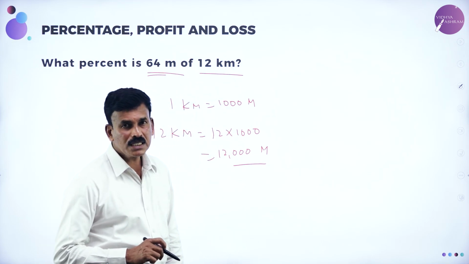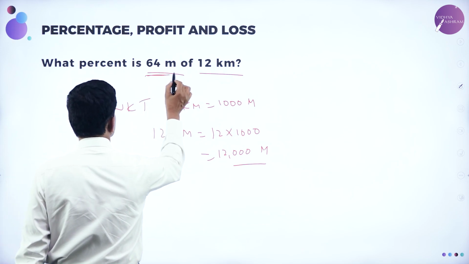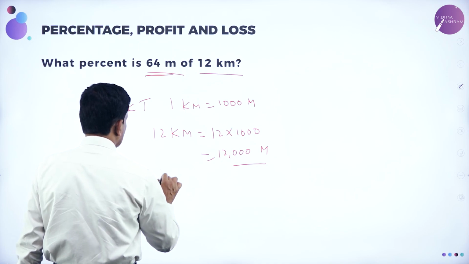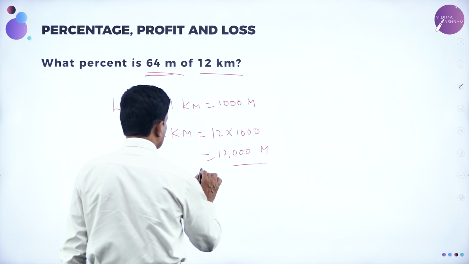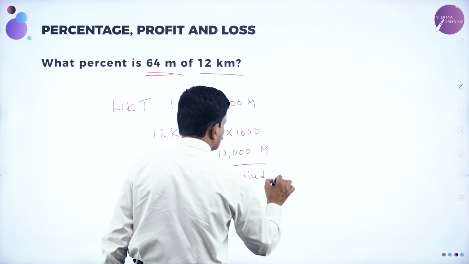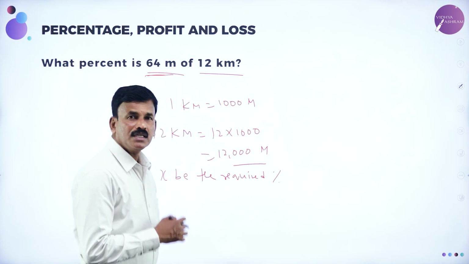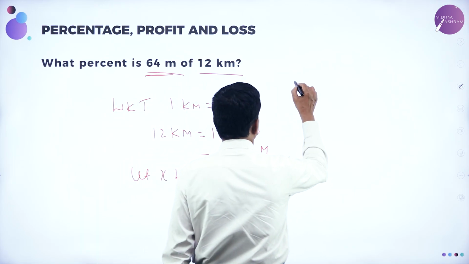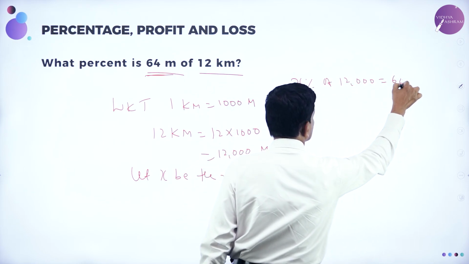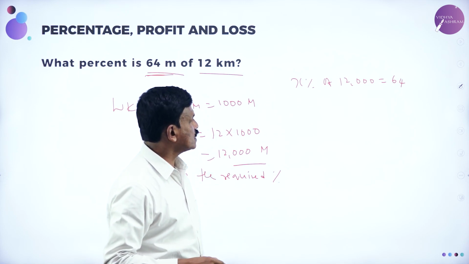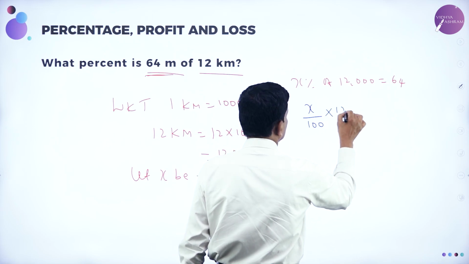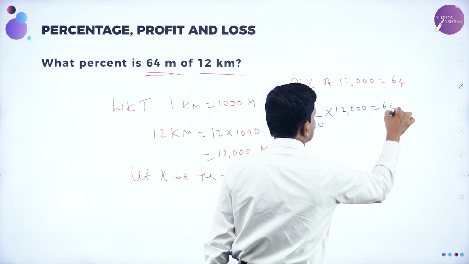Now what percent is 64 meters of 12,000 meters? Let x be the required percentage. What is given? X percentage of 12,000 is equal to 64. How to write this? X percent is x by 100 into 12,000 is equal to 64.